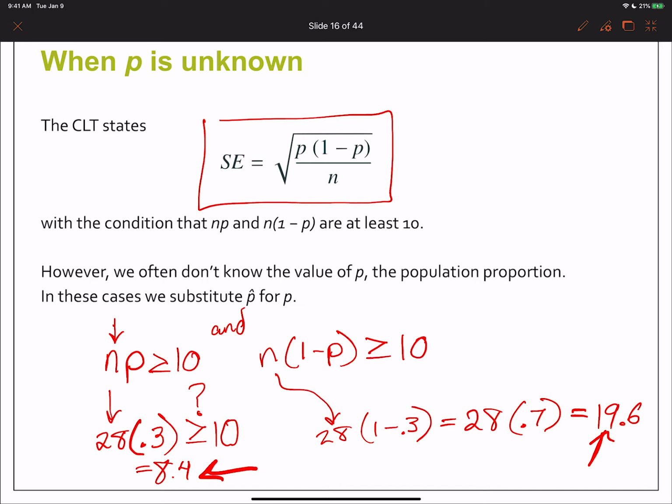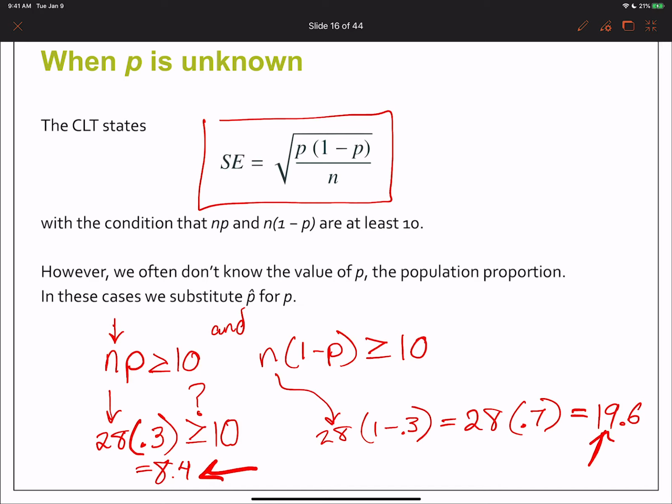The 0.3 that we're taking away are the people who like the color red. Exactly. And we're only left with the people who don't like the color red. So we want both of those numbers to be at least 10. That's our second requirement.